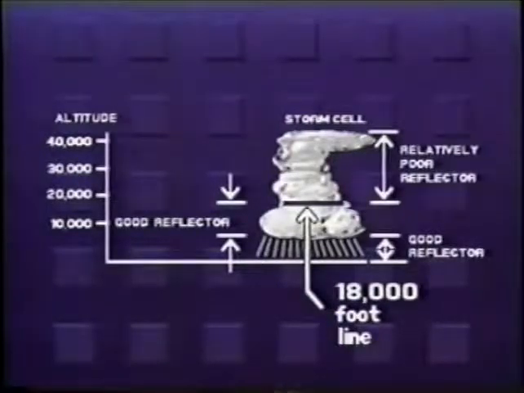The lower part of the storm, the section below the cloud base, is composed entirely of raindrops and is a good radar reflector. The section between the cloud base and about 18,000 feet also contains raindrops and is a good radar reflector. Above that altitude, the precipitation is frozen and is a poor radar reflector.